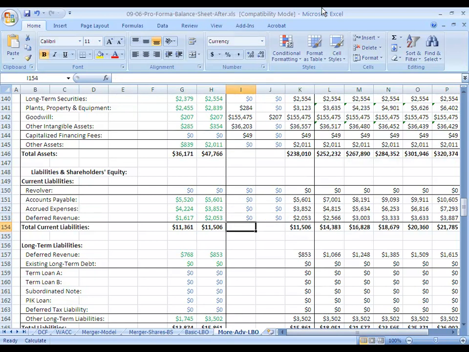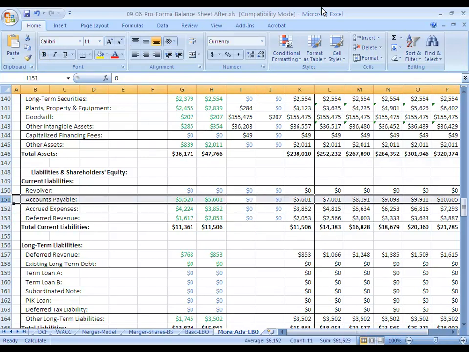Even with a merger model, these rarely change. The only possible adjustment here is with accounts payable. If you had intercompany accounts payable, so in other words, the buyer owed the seller something, or the seller owed the buyer something, you might adjust for that. But in this case, our buyer is a shell company, so it doesn't really make any sense to have intercompany accounts payable.